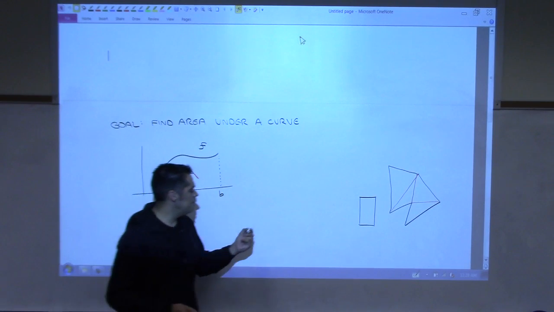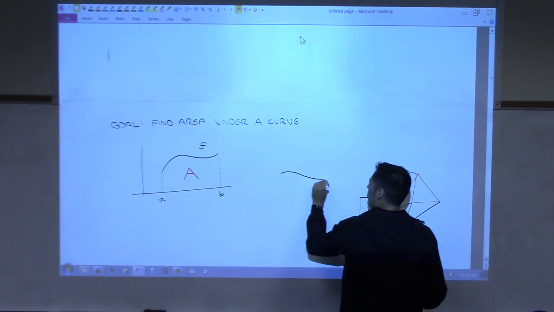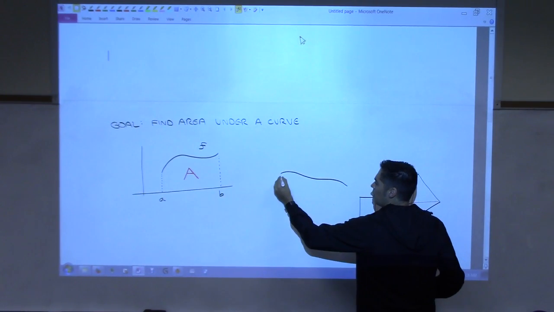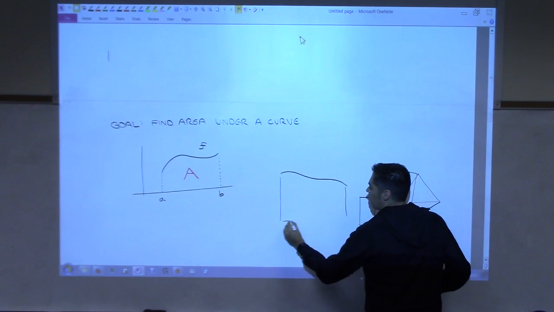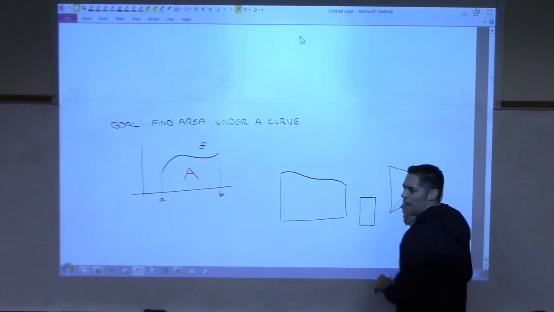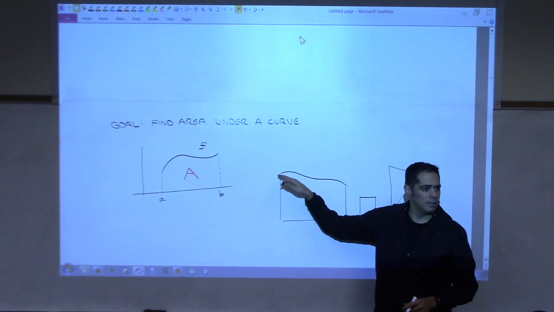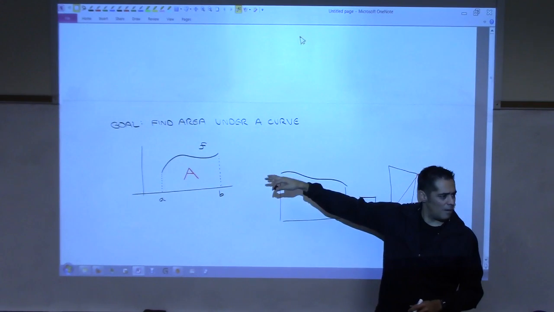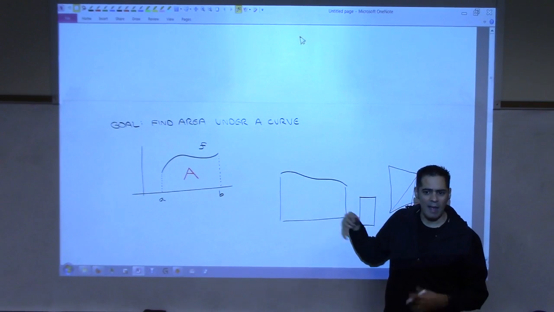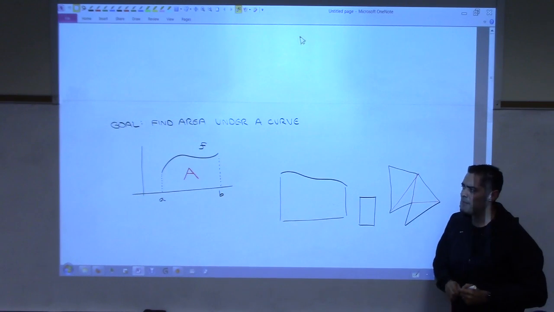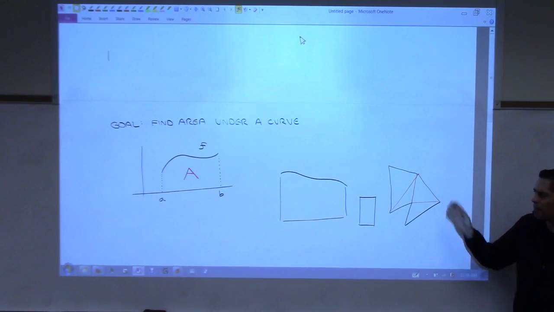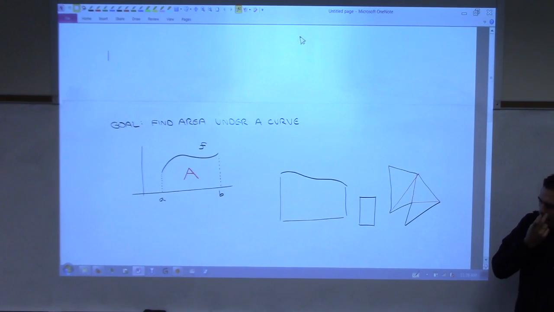But then you'd have some land that maybe ran across a river, and you said, okay, now I want to know how much land do I have? And this is not a polygon. Do you see kind of how this would tie in? So how do we find areas of irregular shapes that are not polygons? That's kind of the motivation of this.